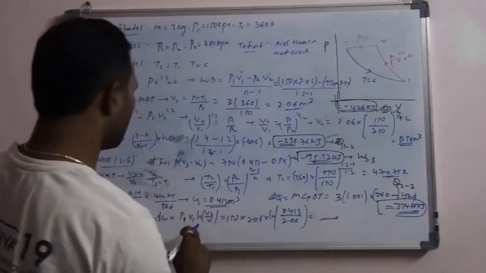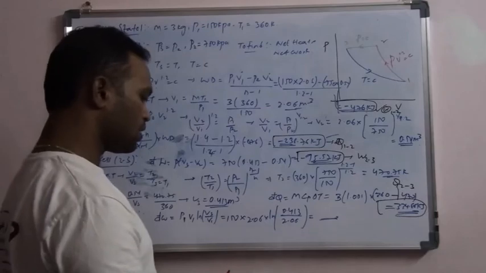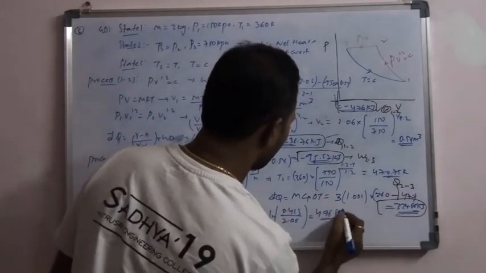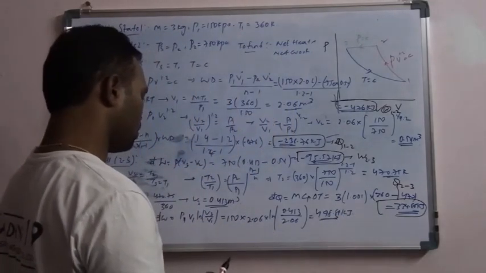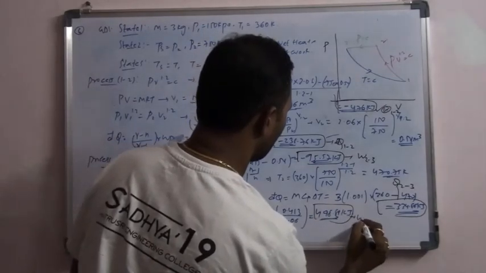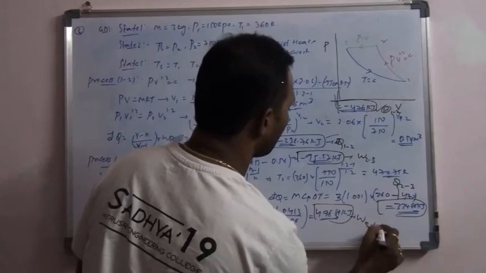From this I have got d'W as 498.88 kilojoules. This is your work for 3 to 1.